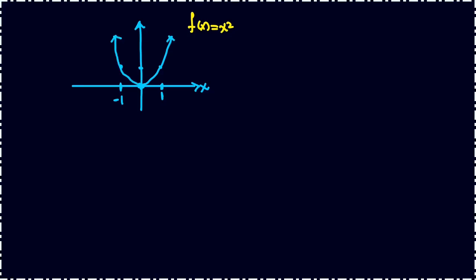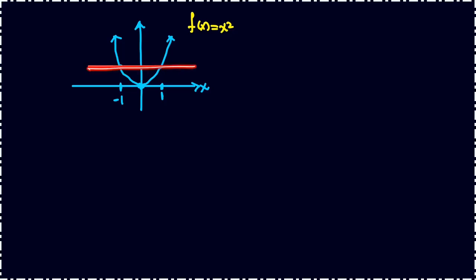And we know that for a graph like this, a horizontal line crosses the graph at more than one point. If it does, then it means that for some y there are multiple inputs.